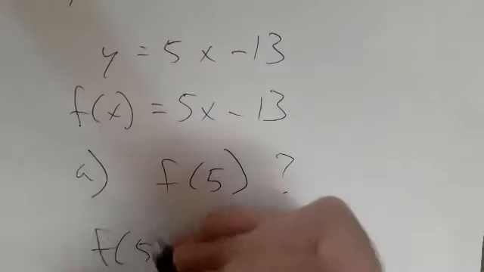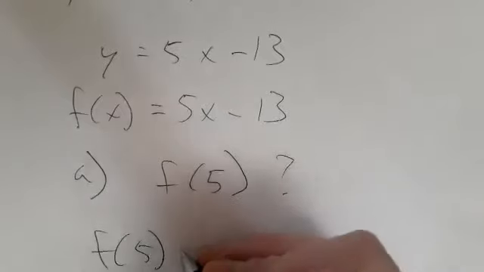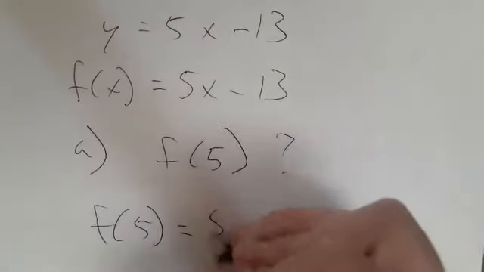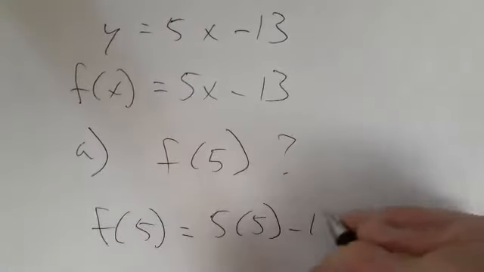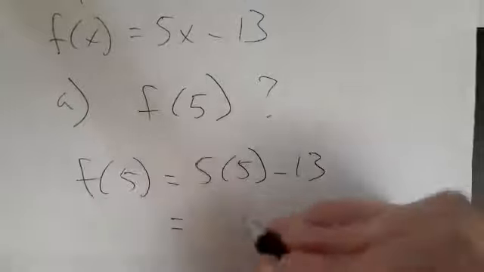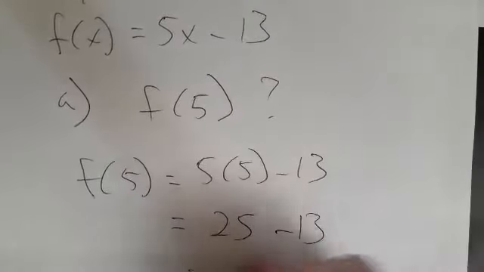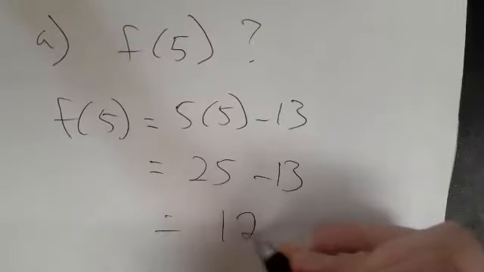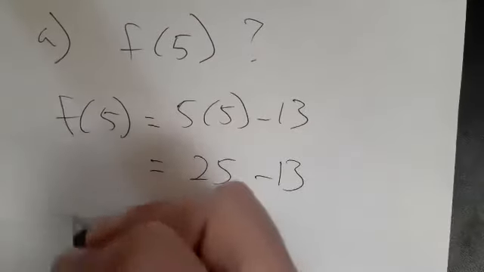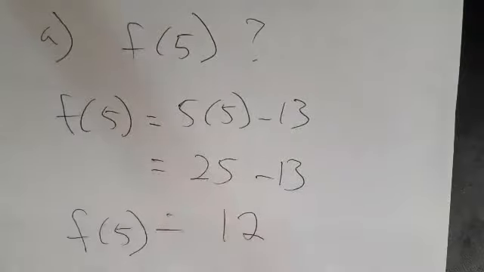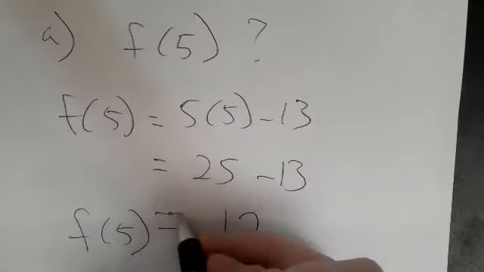For f of x, it's 5x minus 13, so f of 5 is going to look like 5 times 5 minus 13. Now we've got some order of operations. 5 times 5 is 25, minus 13 gives me a total of 12. So f of 5 is equal to 12.